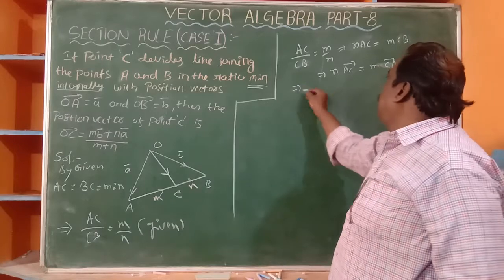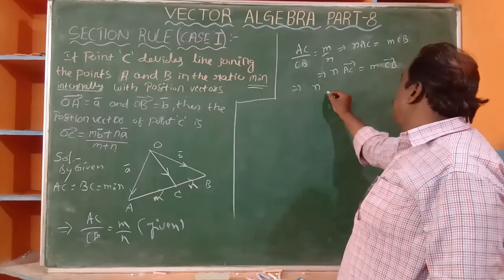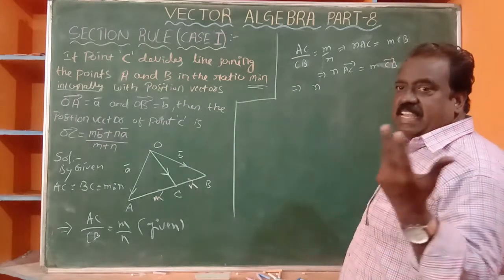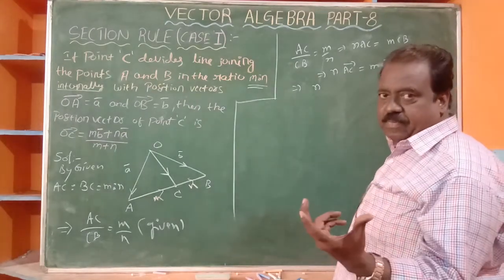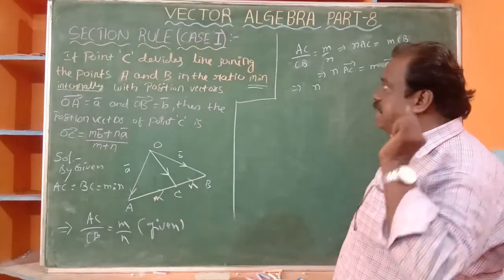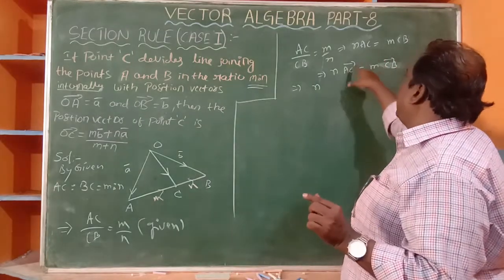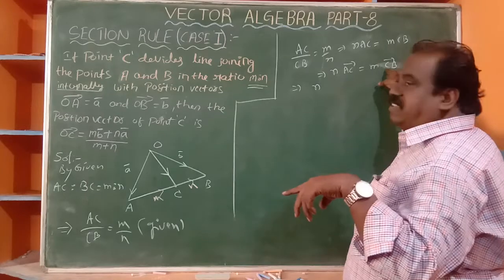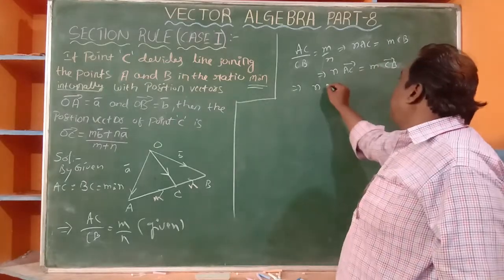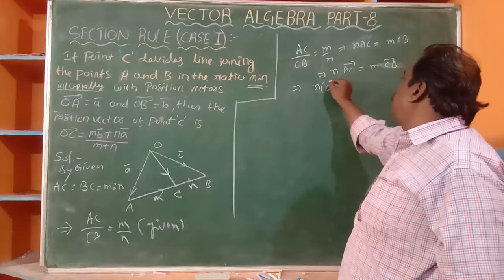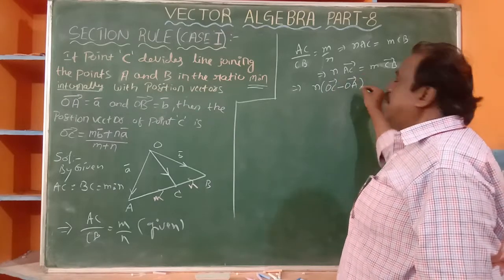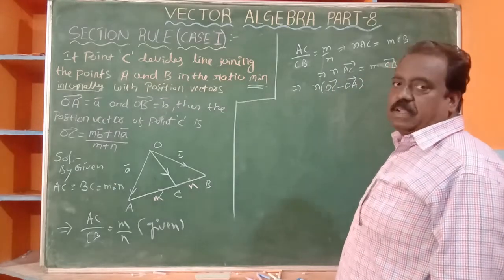I am taking actually AC, BC are the lengths only. Geometrically it is a length. I am giving the direction. Then that length will become a vector. AC bar is nothing but OC bar minus OA bar, position vector.